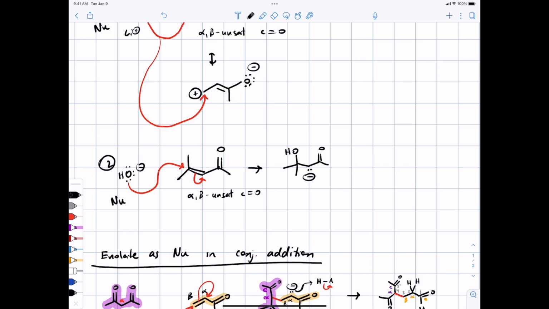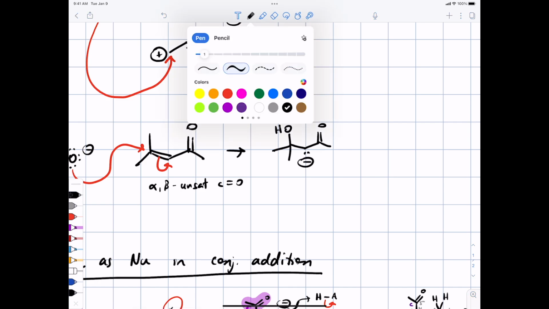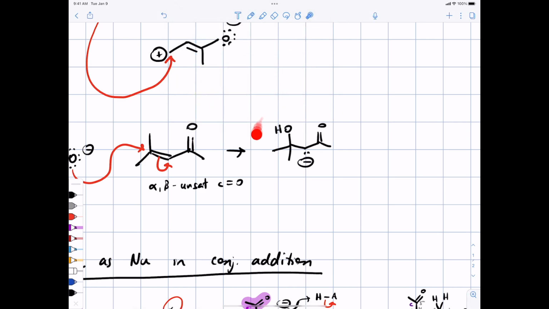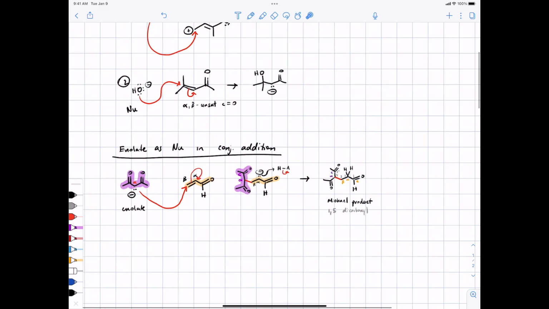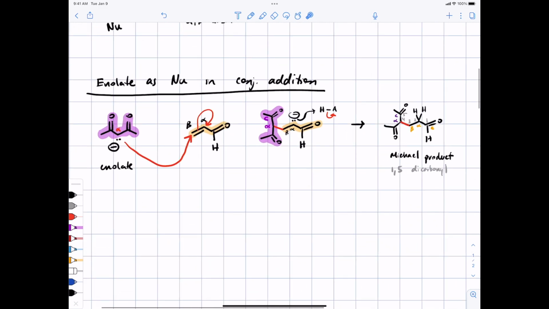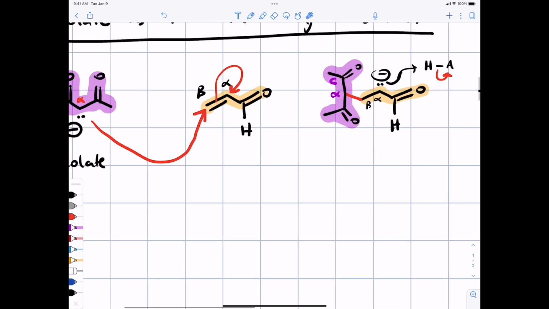You have to have the OH minus attack the beta carbon first to give you the conjugate base of your beta hydroxy carbonyl compound. In terms of the Michael reaction, specifically that refers to an enolate adding to the beta carbon of an alpha beta unsaturated carbonyl compound.